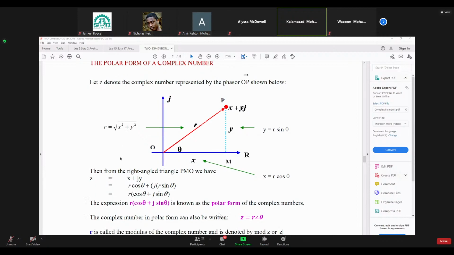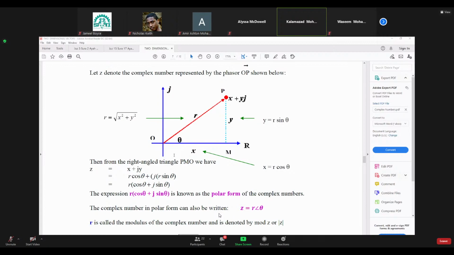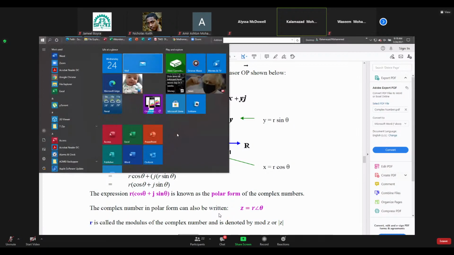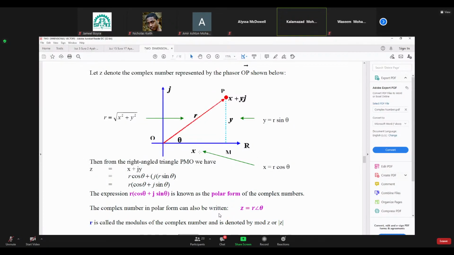So from the right angle triangle PMO, y is r sine theta, and the x value would be r cos theta.